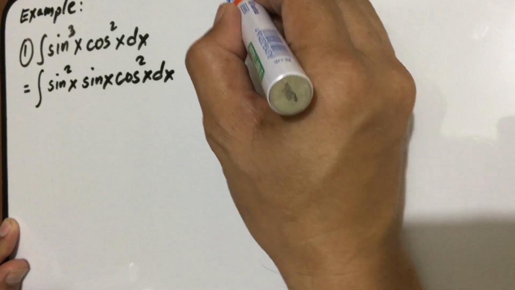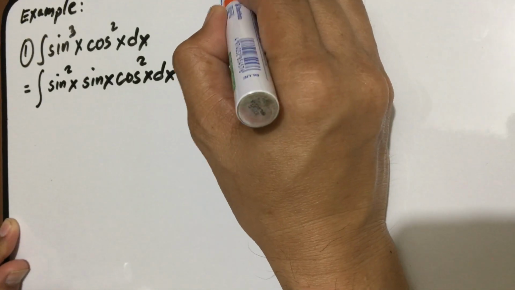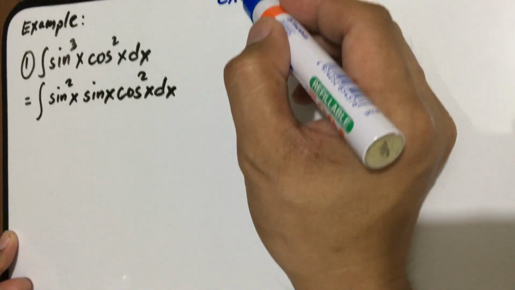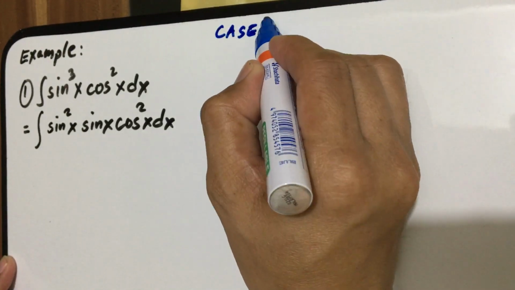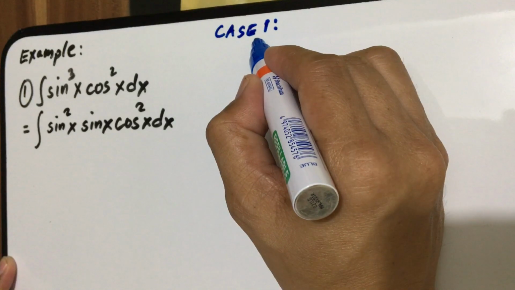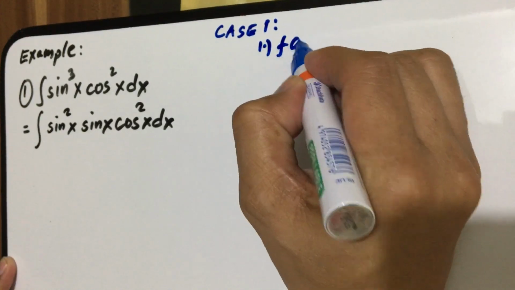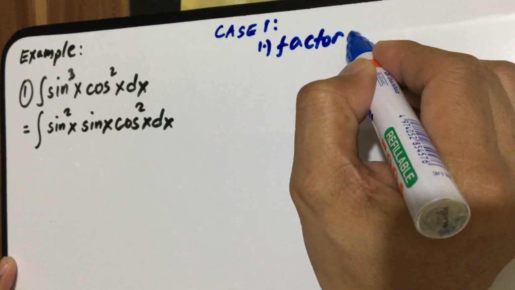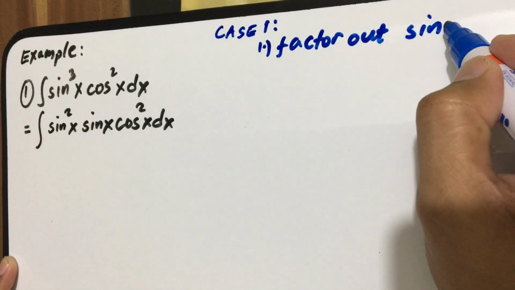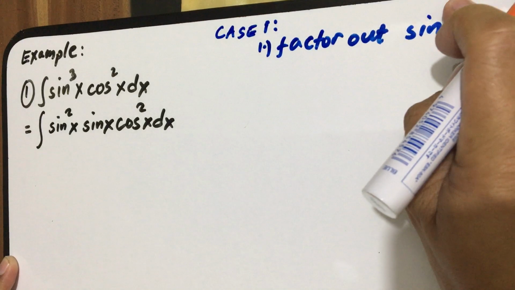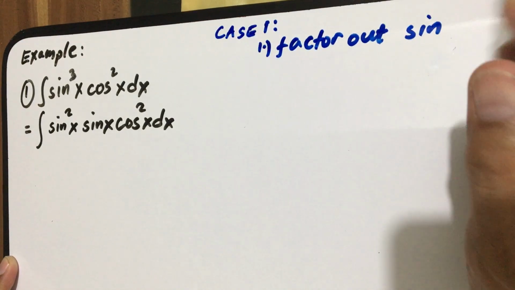So this is the summary, class, for case 1. Number 1, we factor out sine u du, from the rule it is sine u du.